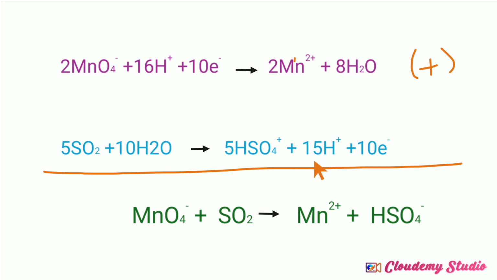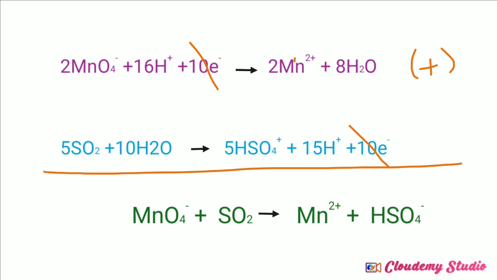And water also: here 8 molecules of water on the right hand side, here 10 molecules of water on the left hand side. So these three substances can be cancelled by subtracting. Accordingly, this 10 electrons and this 10 electrons will be cancelled.